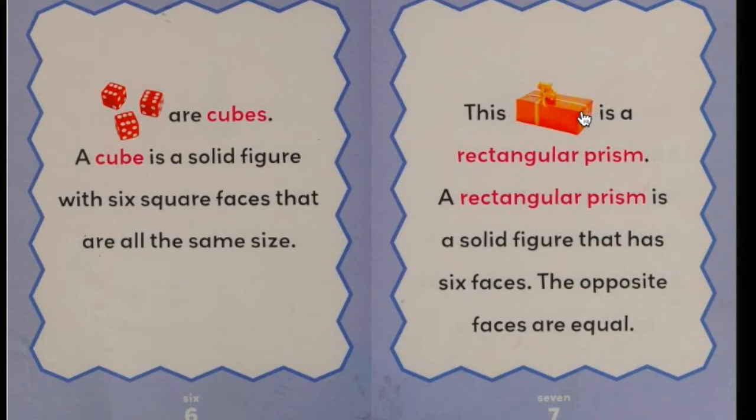So if our present has a big rectangle on the top, it'll have a big rectangle on the bottom. And same with the side, this part that's facing us here, this rectangle, it's longer and thinner, will be the same on the other side. So the opposite faces are equal.